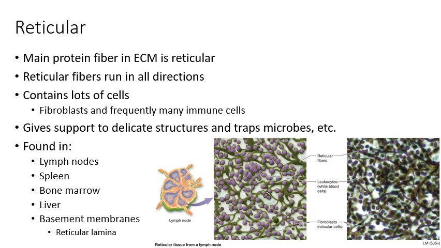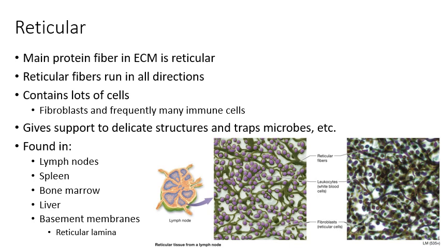Then you have reticular connective tissue. The main protein fiber in that extracellular matrix is the reticular fiber. Those fibers, of course, run in all directions to form something like a net. Reticular connective tissue is unusual amongst the proper connective tissue types in that it has many cells, a lot more cells than the other types of connective tissue have.